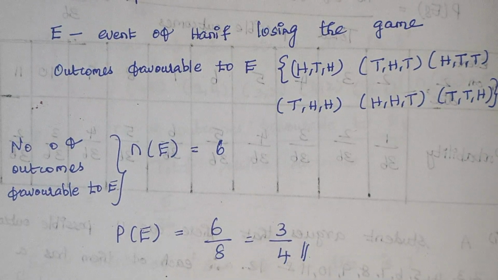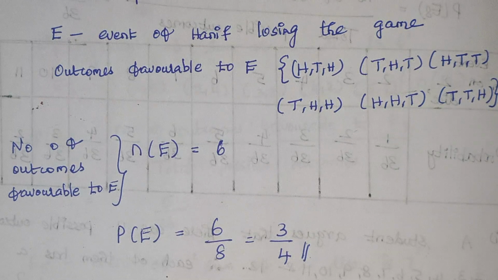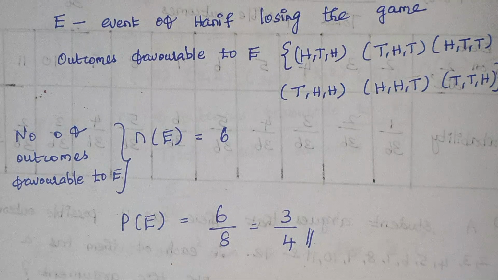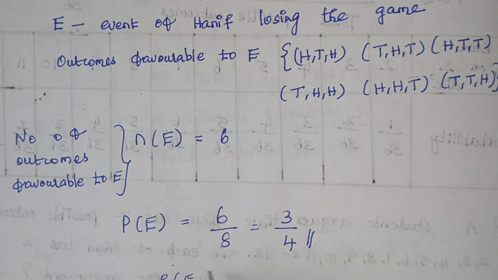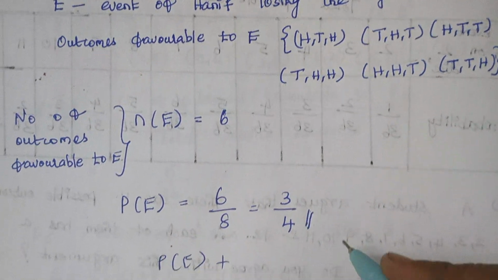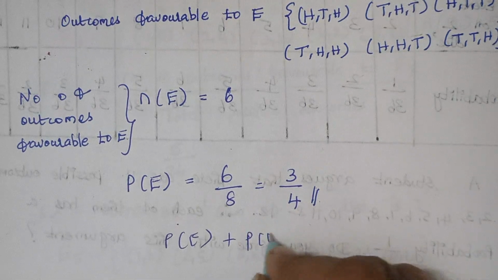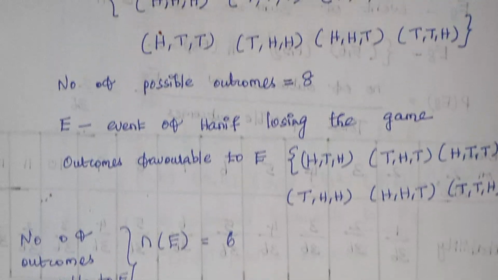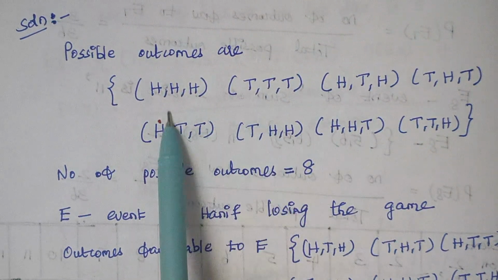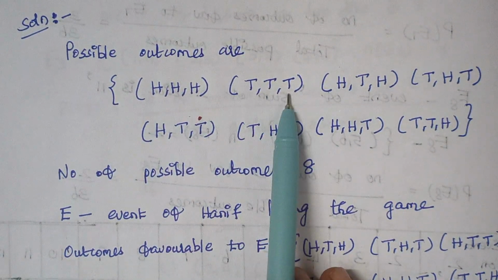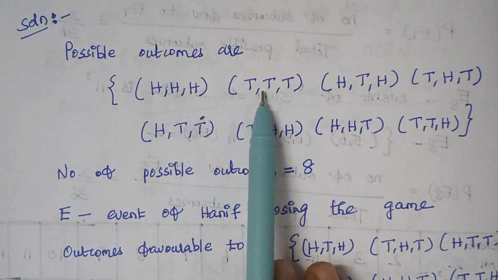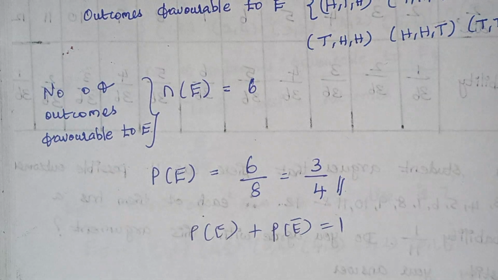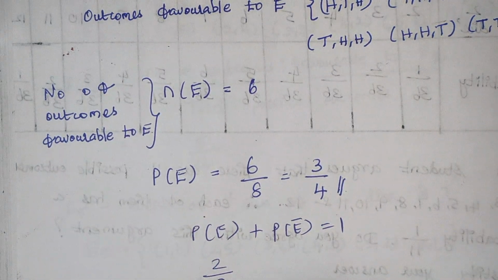Or again you can solve this problem in another way. First you can calculate the probability of Hanif winning the game. So again we use this formula, probability of E plus probability of E bar is equal to 1. So when will Hanif win the game? When he has all heads or all tails. So totally here we have 2 outcomes. So the probability of Hanif winning the game is 2 by 8.